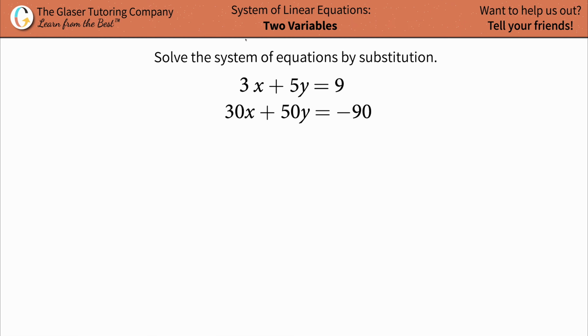Today, we're going to solve the system of equations by substitution. All right, so a system of equations is basically any two or more equations that maybe have some relationship with each other. Maybe they cross paths, maybe they don't, right? But if they do cross paths, we can solve the system.